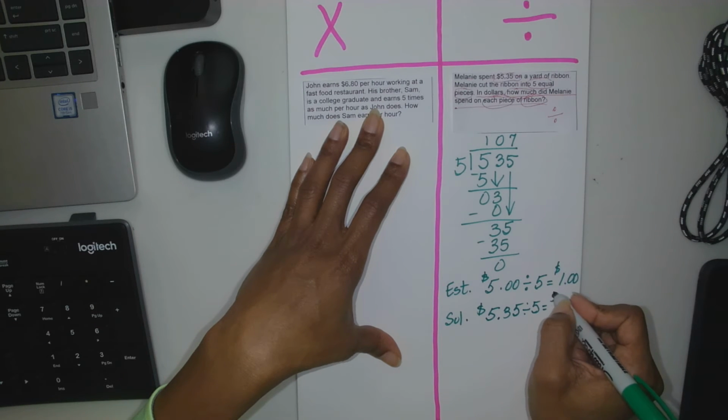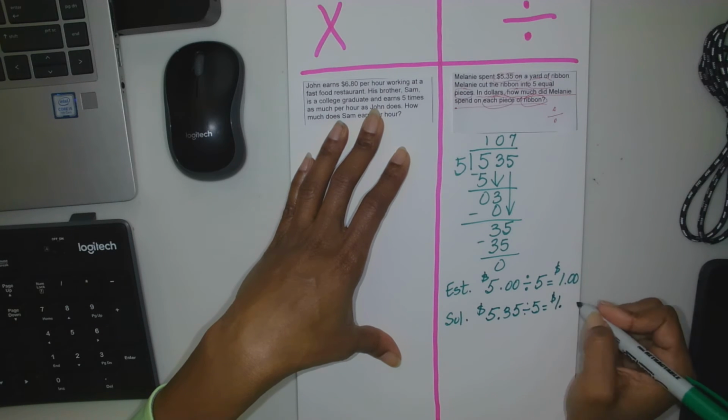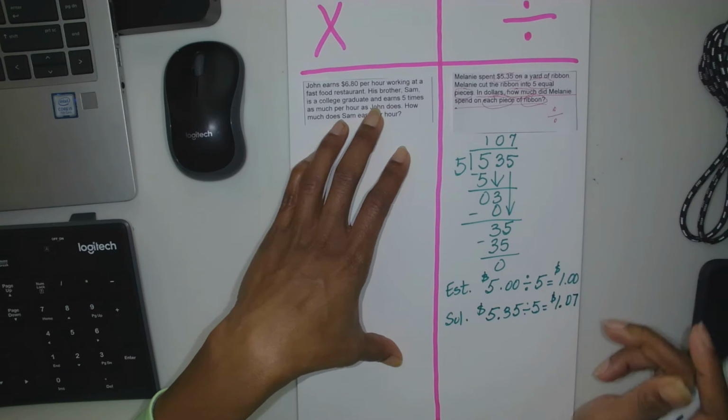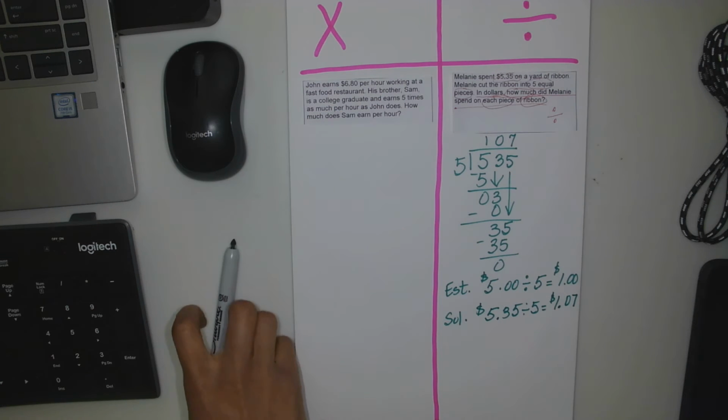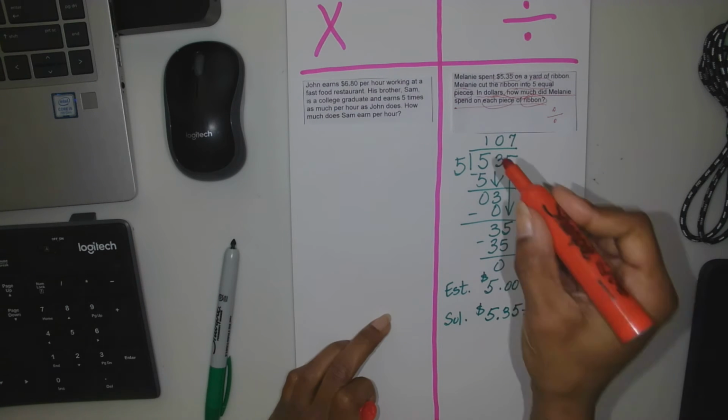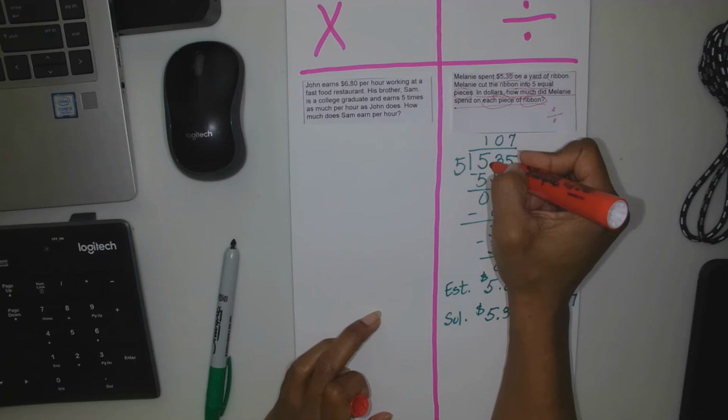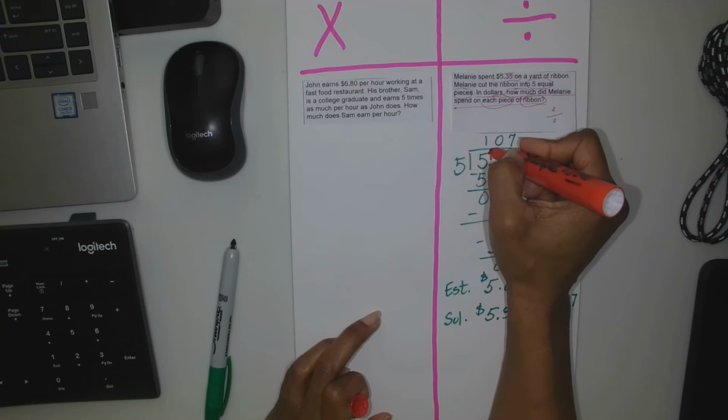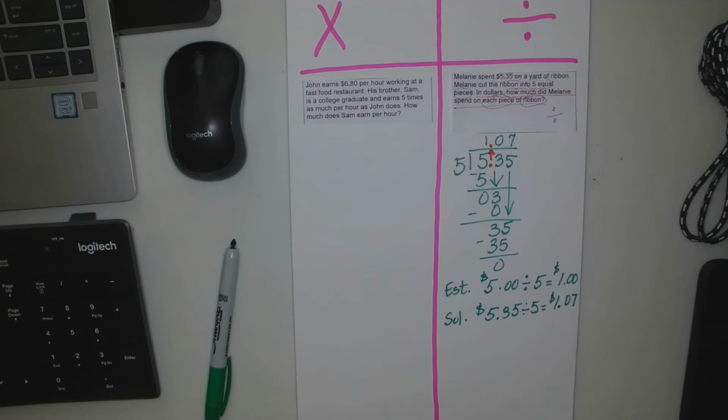Correct. It would be $1.07. So in essence, what we did was where the decimal point would have been, we simply bring it up into our quotient.